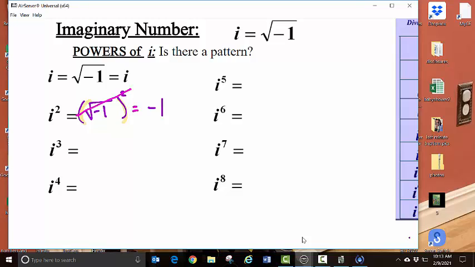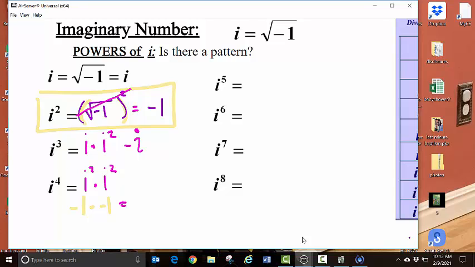i cubed, well, that's i times i squared, but we said i squared was -1, so that's -i. And the fourth, that's i squared times i squared, but we already said i squared is -1, so -1 times -1 is +1.